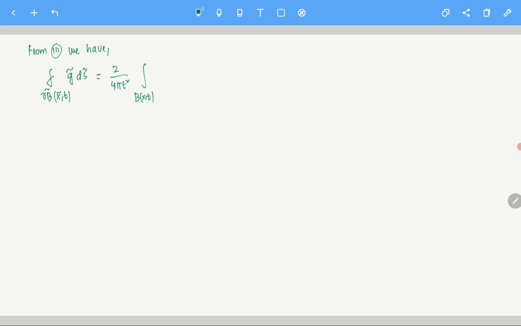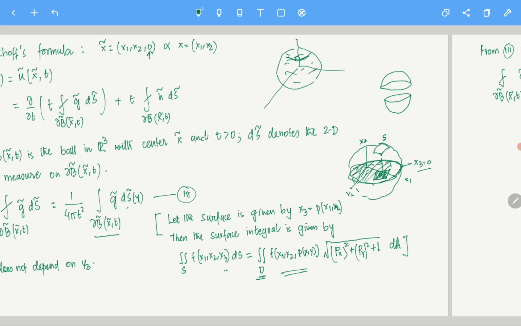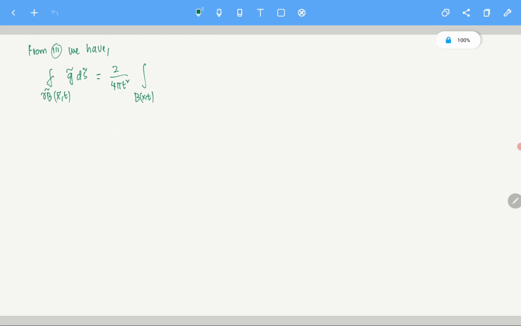I can write it like this. Here the S is getting converted to D. D is this whole region, and S is the surface here. So when you are working with the boundary of B tilde (x tilde, t), where will it convert? It will convert to the whole thing, the base for x3 equals 0, whatever is inside. That is why it becomes B of x3.